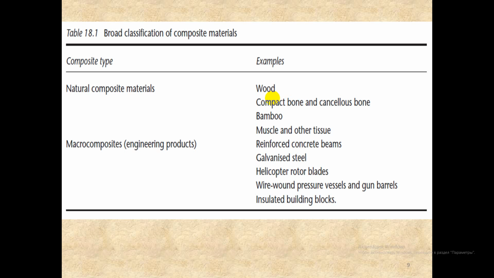The properties along the grain are very different from those across the grain. This is something that we are all familiar with. We shall examine the reasons and the theory behind this later.